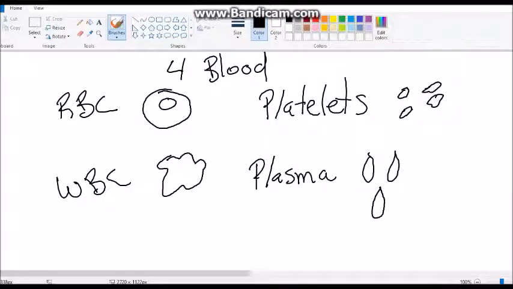Those are supposed to be water drops. Your blood is a fluid, so everything sort of rests within this plasma, all these three things, plus electrolytes and everything like that. So the two main parts we're going to be focusing on are red blood cells and plasma, because those are what's going to determine your blood type.